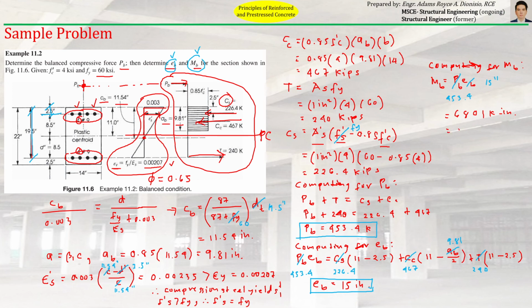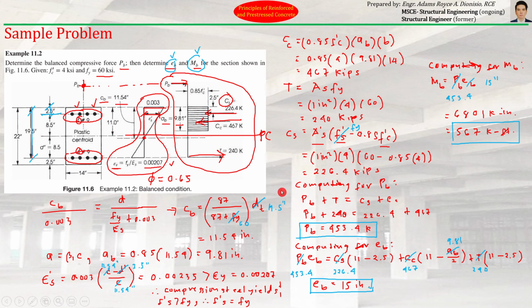So that will be equal to mga nasa 567 kip feet. Okay. So that will be the last answer for this problem. So either of the two na lang. Kahit ito na lang.